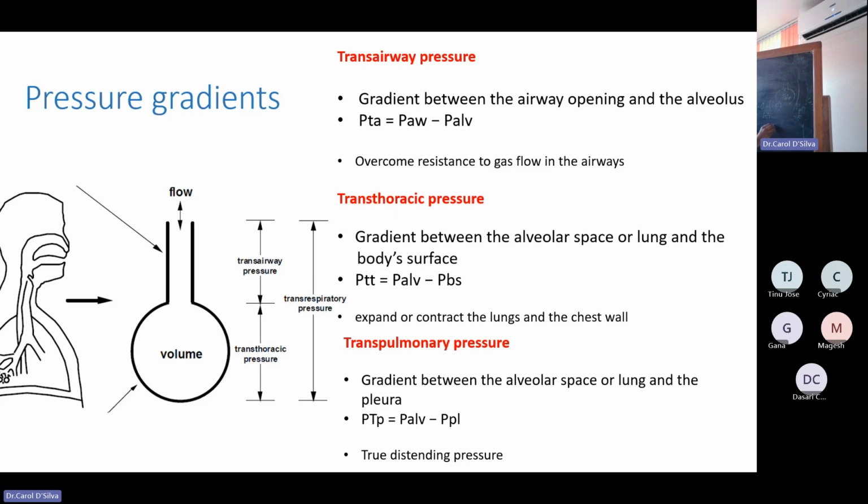So the transpulmonary pressure is now 0 minus of -10, which is plus 10. So because this transpulmonary pressure has become more positive, the distending pressure is increased, and that's what causes gas flow to increase. So this is the true distending pressure of the alveolus. This is important for you all to understand. Okay. Now, why this is important is, now in pneumothorax, what happens to the lungs? In pneumothorax.